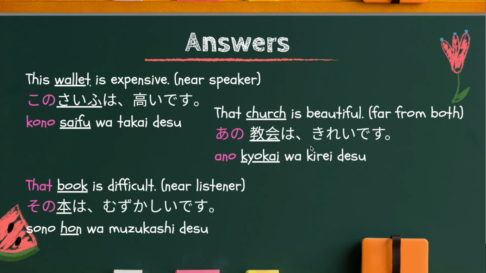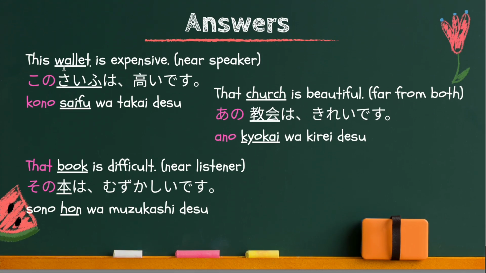Now the answers. This wallet is expensive. この財布は高いです。So you are more specific about what you are pointing at. This wallet. この財布 because この has to be followed by a noun.